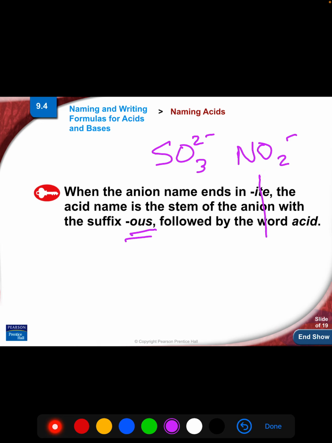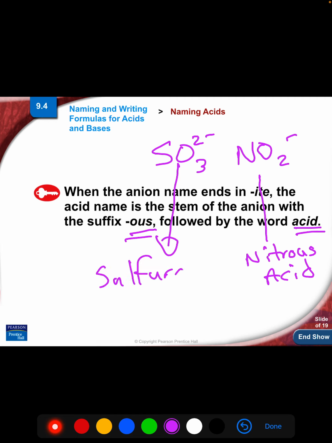So, for example, this one would become nitrous acid, followed by the word acid. This one would become sulfurous acid, and so forth. So the ite salt, or anion, becomes the O-U-S acid.